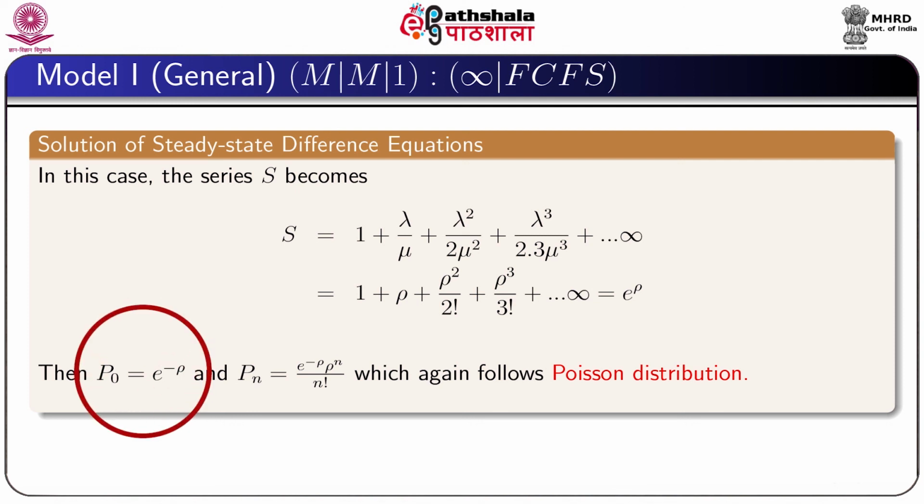Then we have P 0 equal to e to the power minus rho, and P n is equal to e to the power minus rho into rho to the power n by factorial n, which again represents the Poisson distribution.